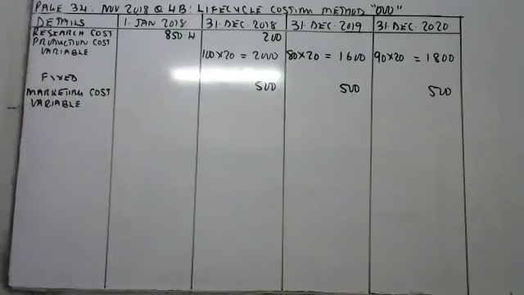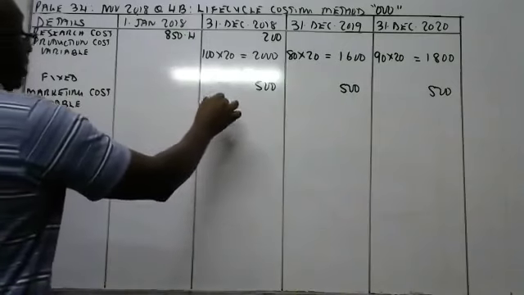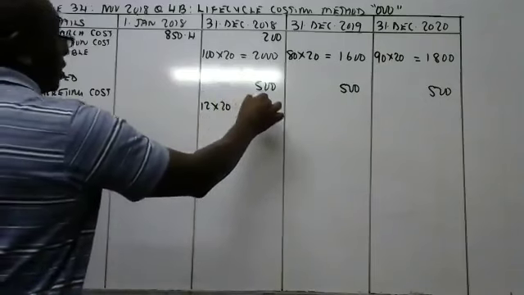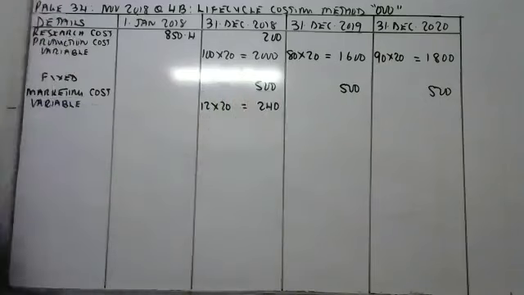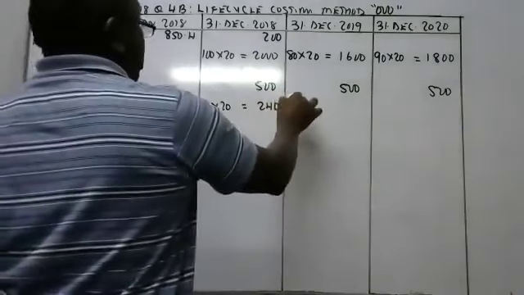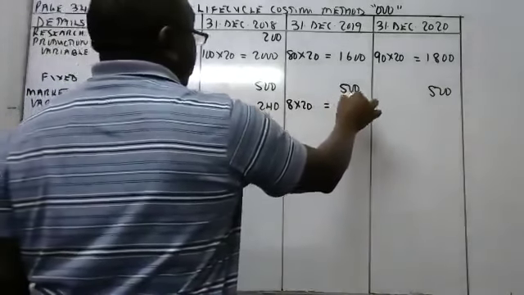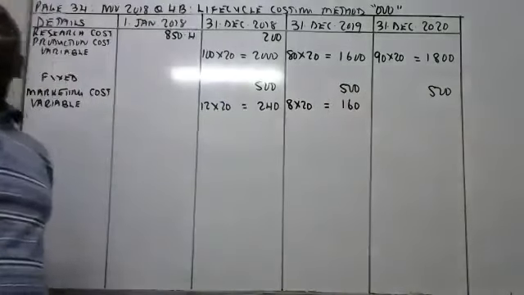The variable is 12 in the first case, so it is going to be 12 times 20. That gives us 240. In the second year, it is 8, so 8 times 20 is 160.